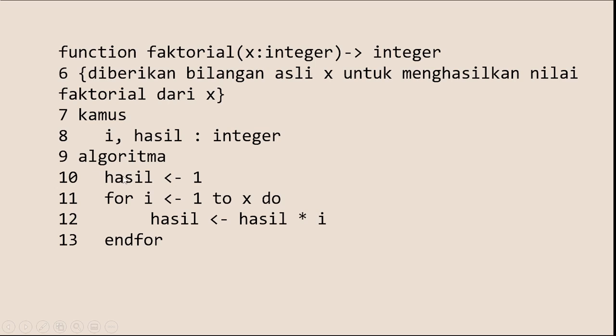If we don't do that, or if we set the result variable to 0, for example, we are going to have a 0 return value. And then after that we are going to do a for loop from 1 to x. So it will be sequential multiplication, as you can see right here. And then after that we are going to return the result variable.